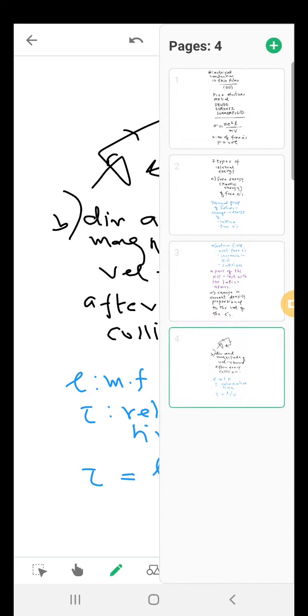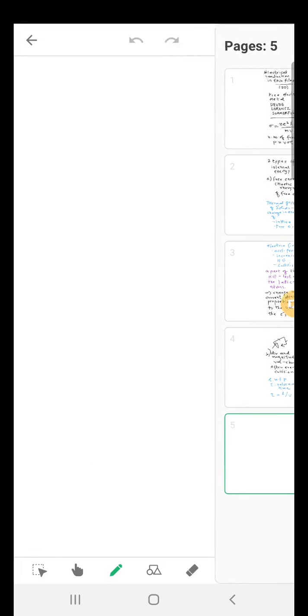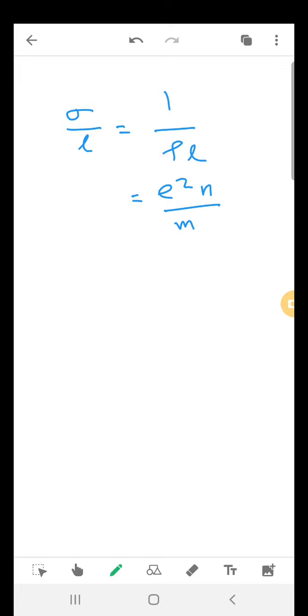So if we divide conductivity by L, we will get sigma by L, which is equal to n e squared by m v.